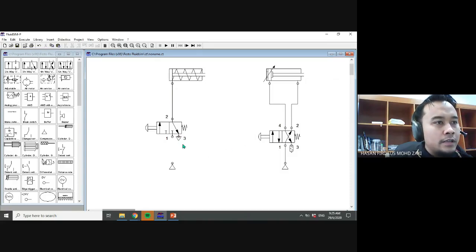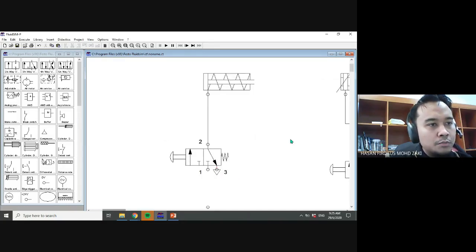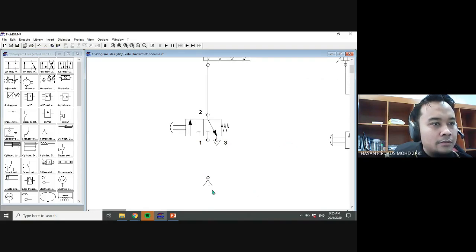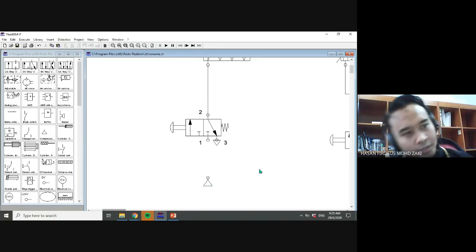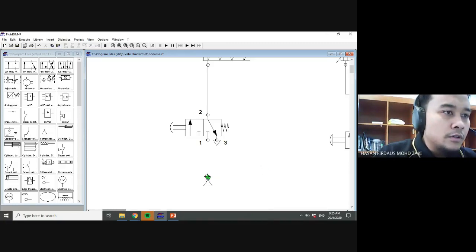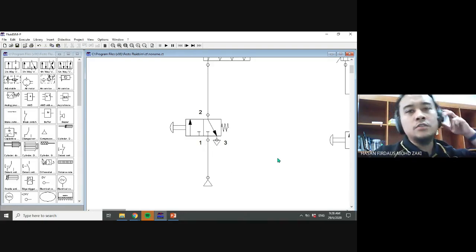Then we have port 3 for the exhaust. The exhaust is a triangle heading towards the bottom. If there is pressure, the cylinder moves upwards. For the source, you connect to port 1, because 1 is the source port.